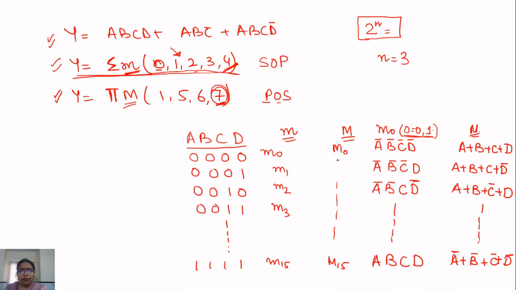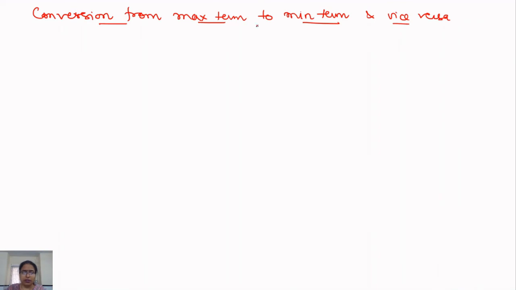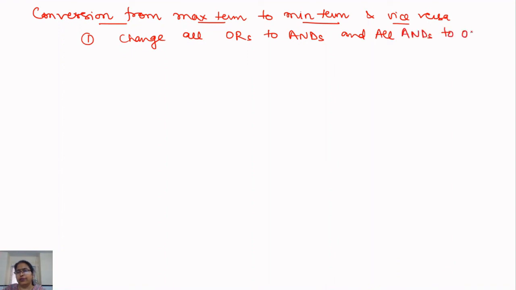Now converting from min term to max term or max term to min term, the steps will be as follows. Write down these 4 steps. First, what you have to do, change all ORs to ANDs and all ANDs to ORs.